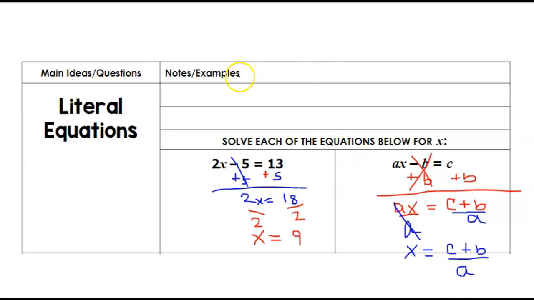At the top of your paper where it says notes, I want you to write that literal equations are equations with multiple variables.